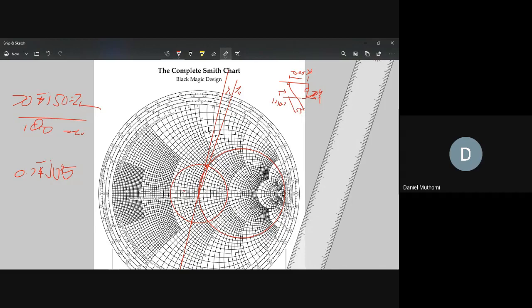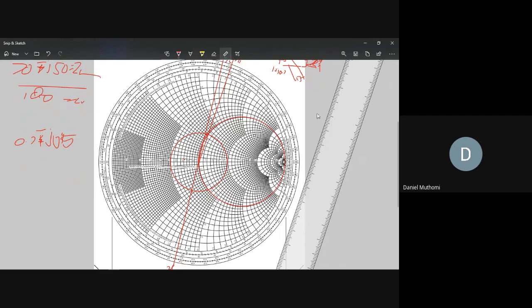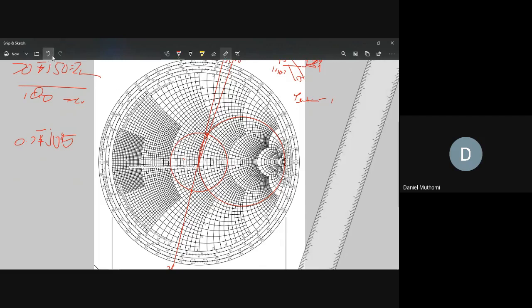So taking your 0.7 here, we know that our Y stub will be the negative reactive part of this, because this one is positive. So Y stub will be negative j0.7.